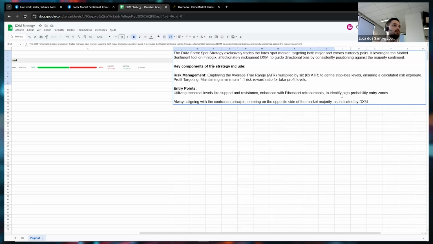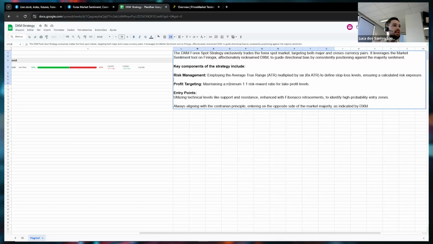That being said, we're going to be using 6 times the ATR to define the stop loss level, ensuring a calculated risk exposure. The profit target, the take profit, is maintaining a minimum 1-to-1 risk reward ratio. The entry points are basically the whole sweet thing of the DXM.